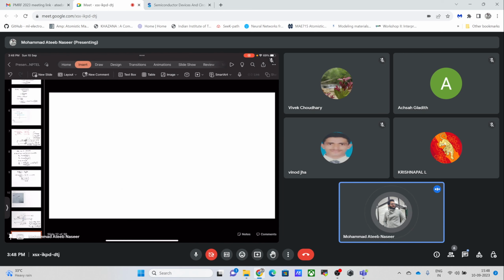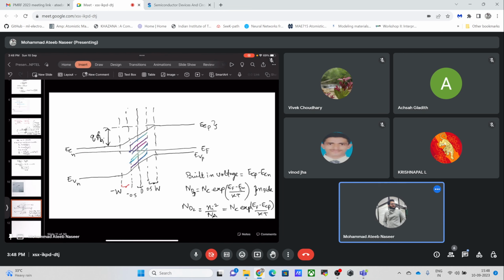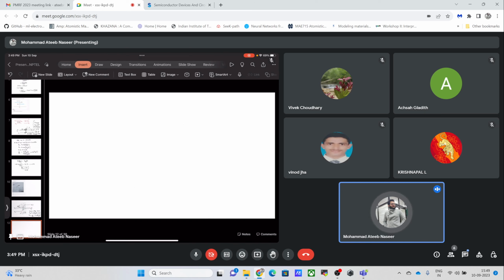So let's add some slide again, and let's solve for this. Let me divide ND1 and ND2, because then this NC and NC will go.